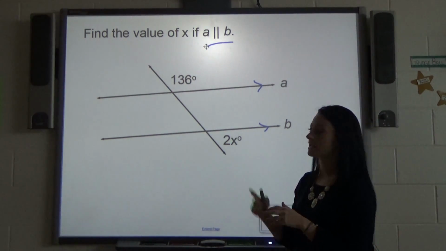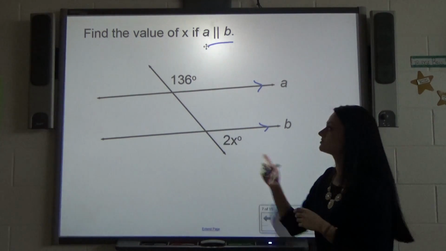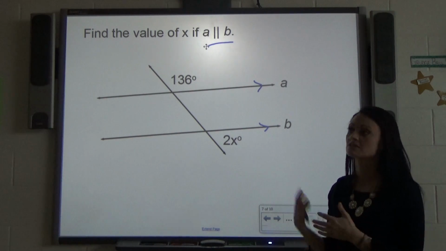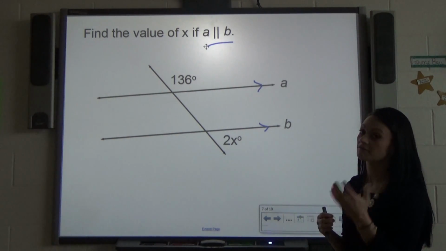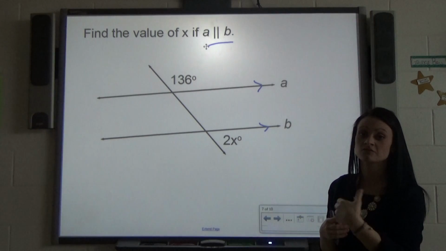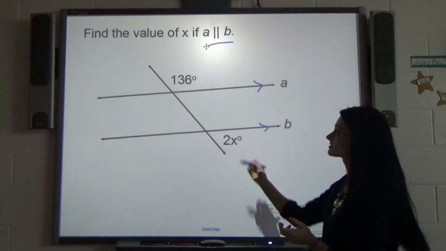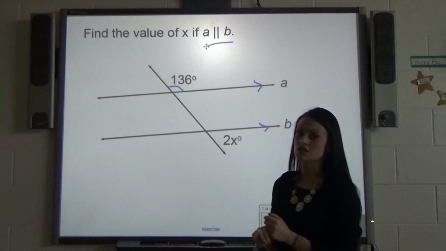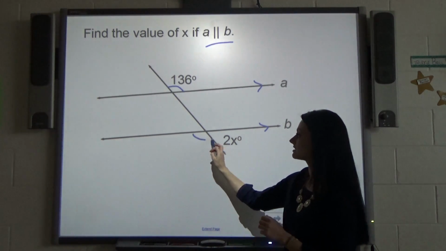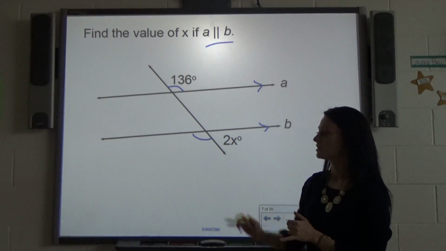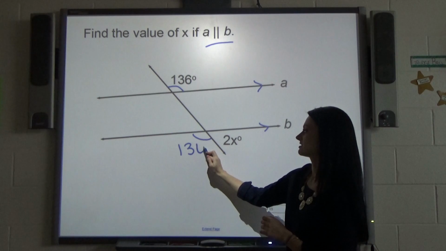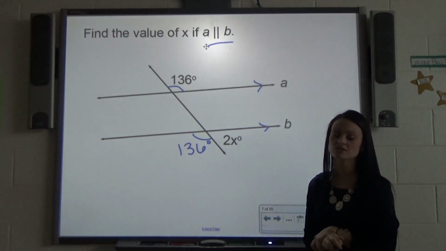How can I relate 136 degrees with 2x in order for me to find the value of x? Well, if I use my knowledge of alternate exterior angles, 136 degrees would be congruent to this missing angle here. So I could say that this is 136 degrees.